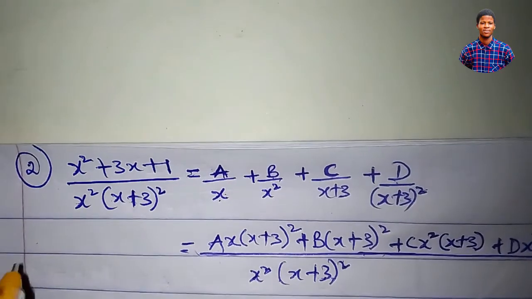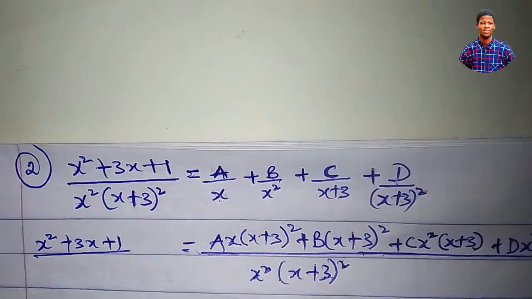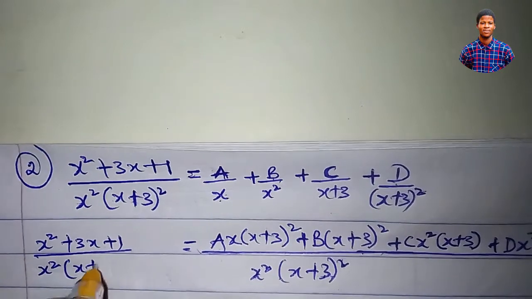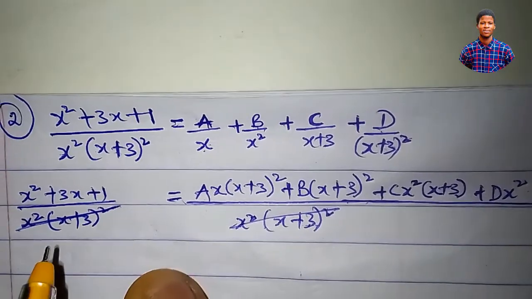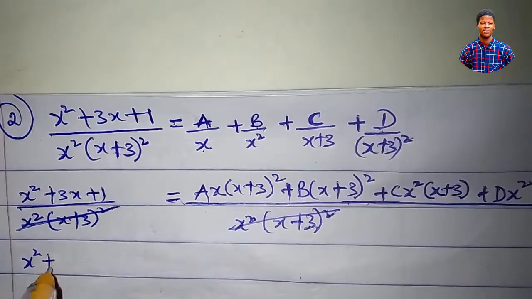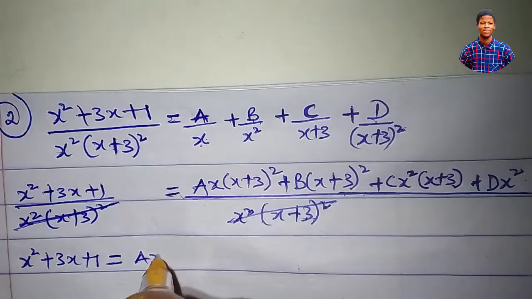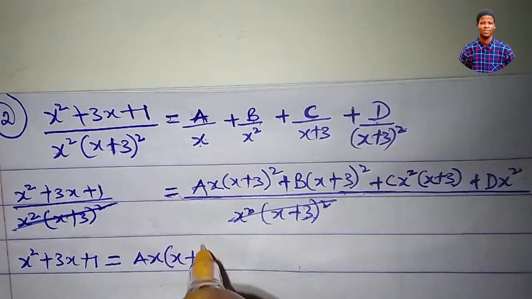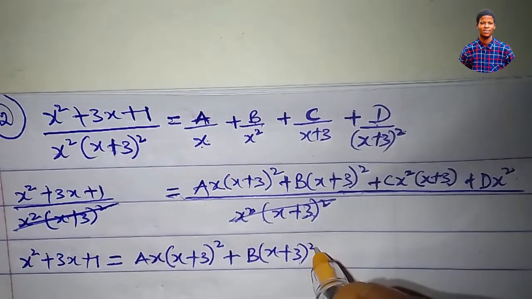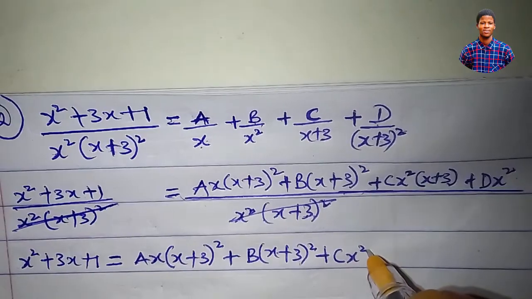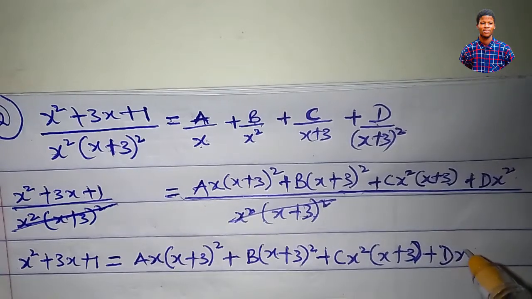Okay, so at the left-hand side we have x squared plus 3x plus 1 all over x squared times (x plus 3) all squared. The denominators are the same, they will cancel out. We now have x squared plus 3x plus 1 is equal to ax(x plus 3) squared plus b(x plus 3) squared plus cx squared(x plus 3) plus dx squared.